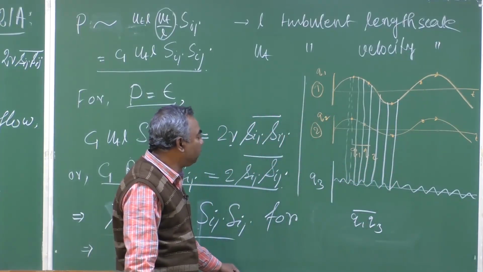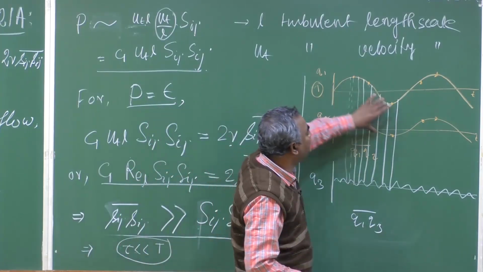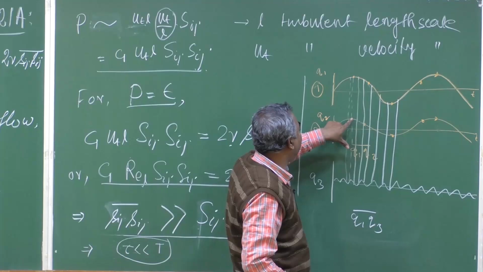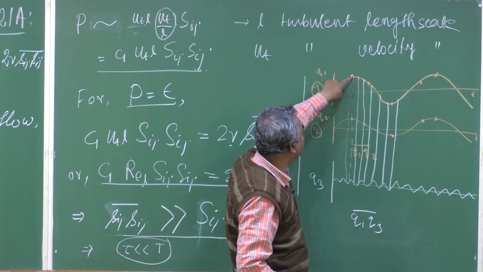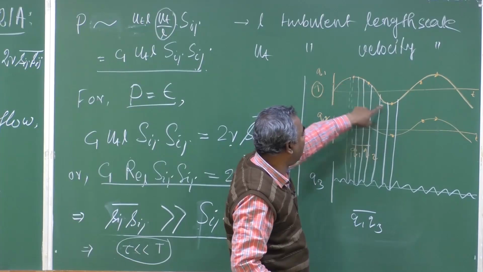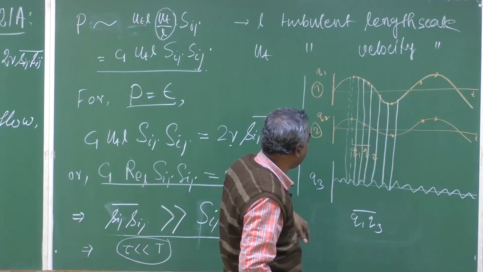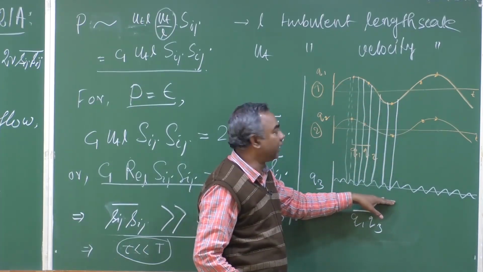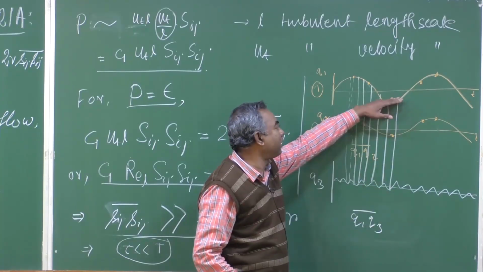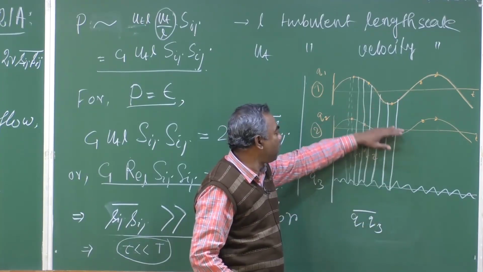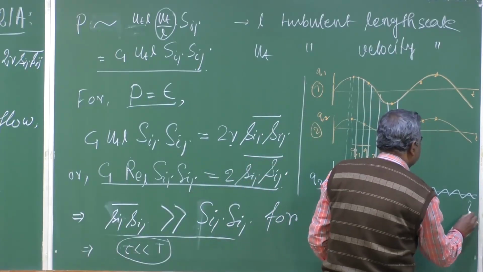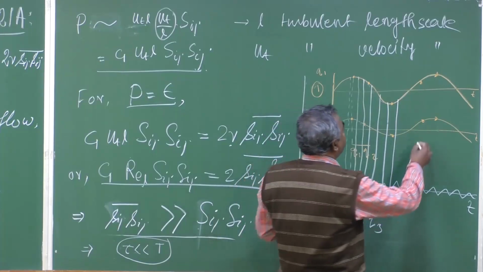So, what is happening is that for the first two cases, q1 and q2, if I multiply data at this point and data at the corresponding point in time series 1, we always get positive, and similarly at all other points. Whereas in this particular case this is not so. First, its amplitude is less. Second, its frequency is much higher compared to the frequency here, and we are plotting on the same time scale. Frequency means one time period.